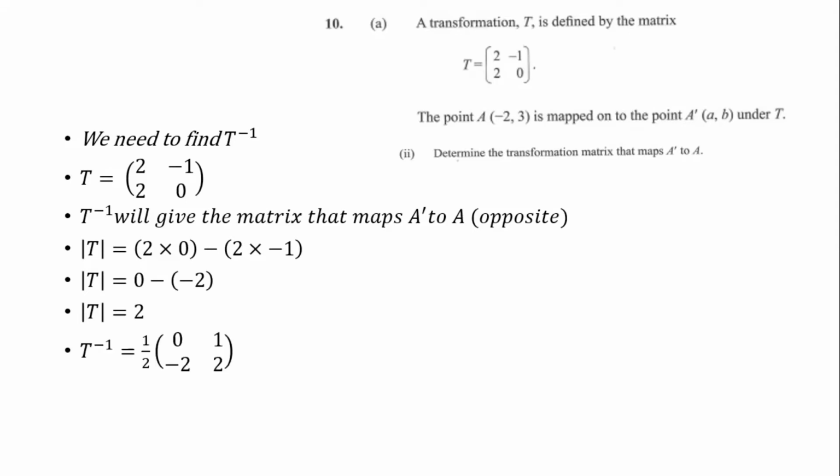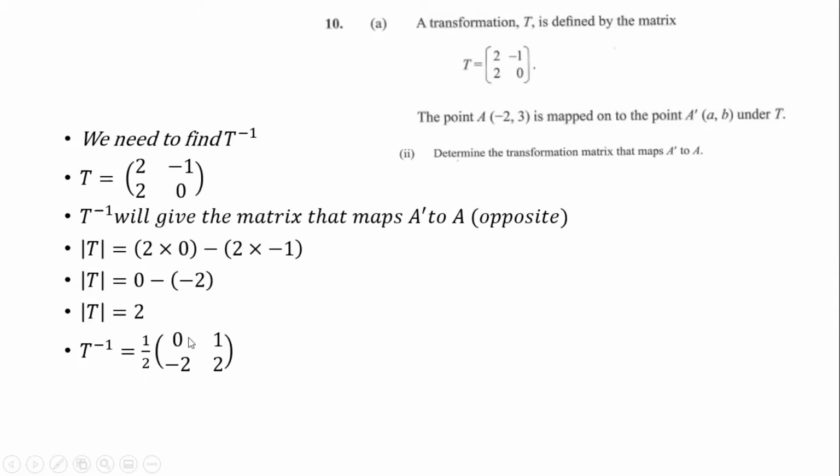Now looking at the inverse, it will be one over the determinant multiplied by the matrix. We switch the positions of the terms in the main diagonal and change the sign on the other diagonal. So instead of having 2, 0, we flip it to have 0, 2, and then change the signs on the other diagonal, so this becomes a positive 1 and this becomes a negative 2.